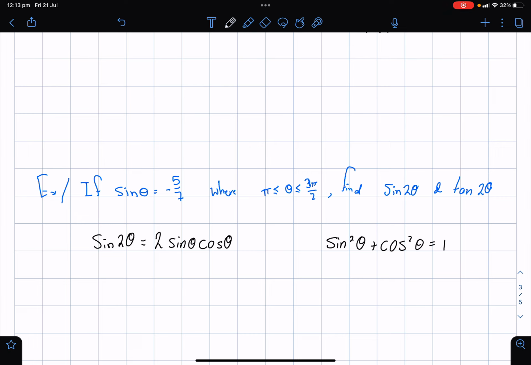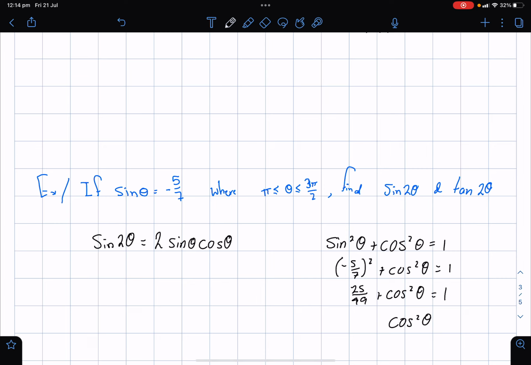So we know sine theta, so we're going to substitute that in. -5 on 7 squared plus cos squared theta equals 1. -5 on 7 squared we know is 25 on 49, plus cos squared theta equals 1. Subtract 25 on 49 from both sides.